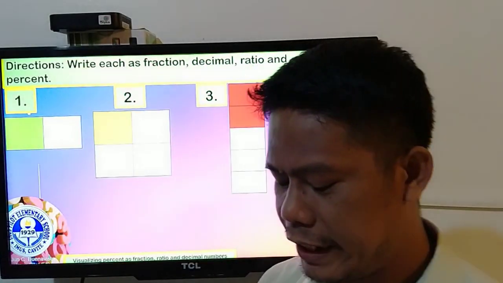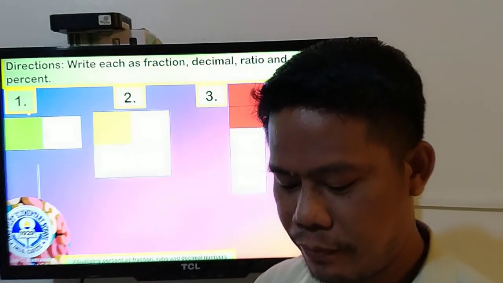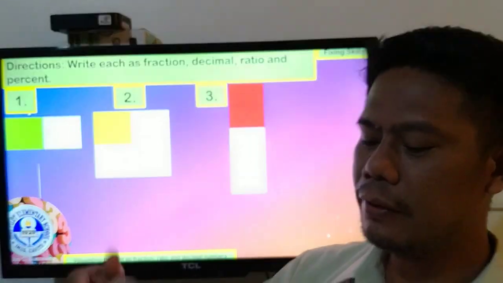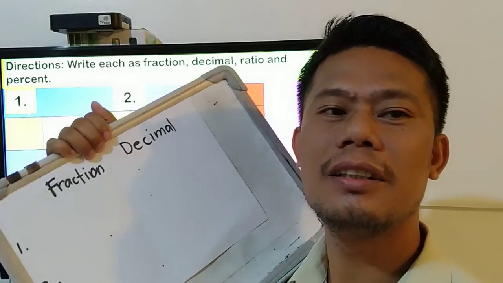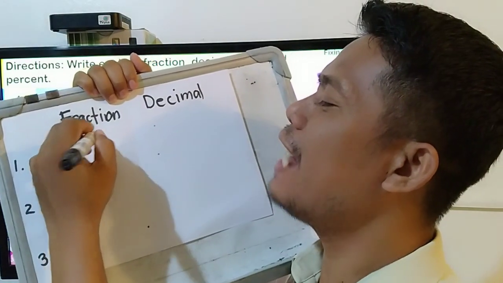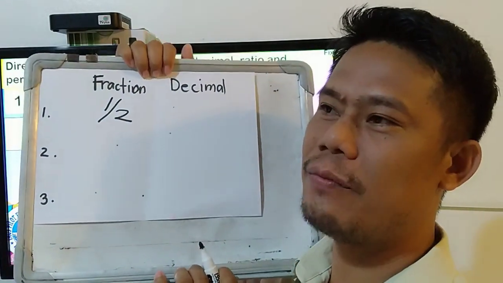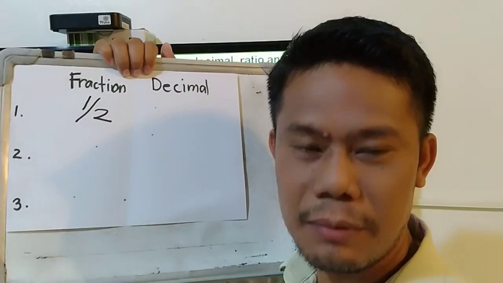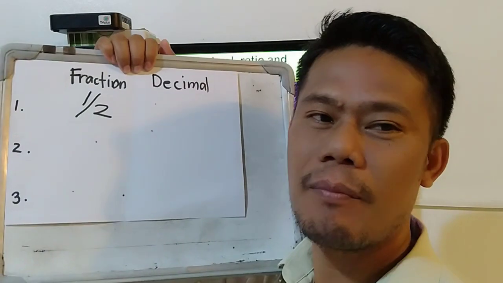Okay, I guess you are done. Let us check your work. For number 1, what is the fraction? That is 1/2. Okay, 1/2. So what number can be multiplied by 2 to become 100?